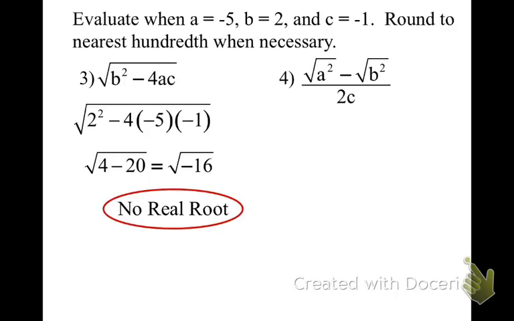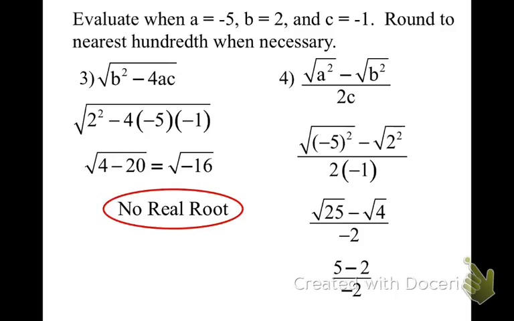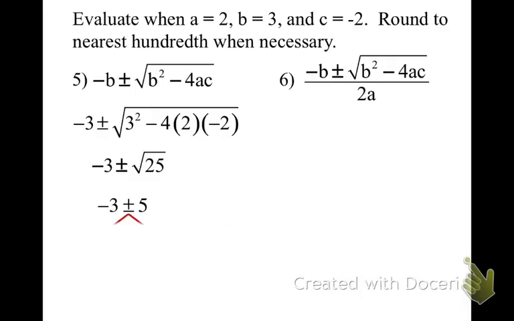Yes, there's a root, but there's no real root. The root we find in Algebra 2, but we're not finding it here. Right now we're in the real number system. So if you find that, you don't go on and you just write no real root. As soon as you get a negative under the radical, that's where you go.